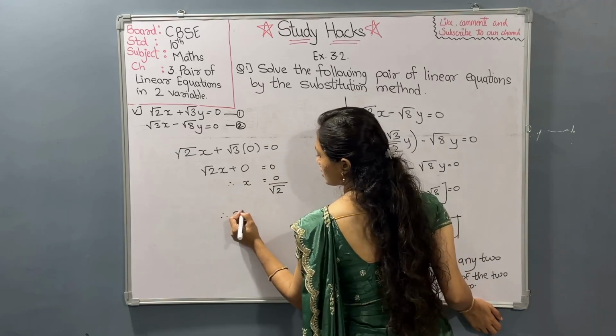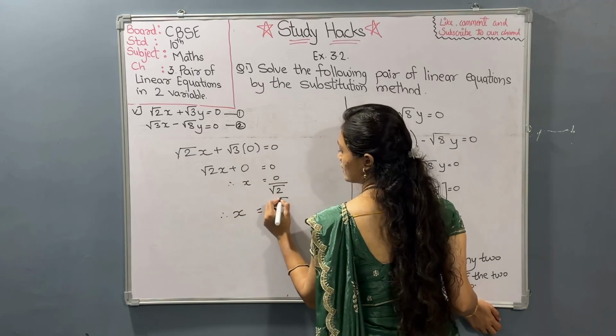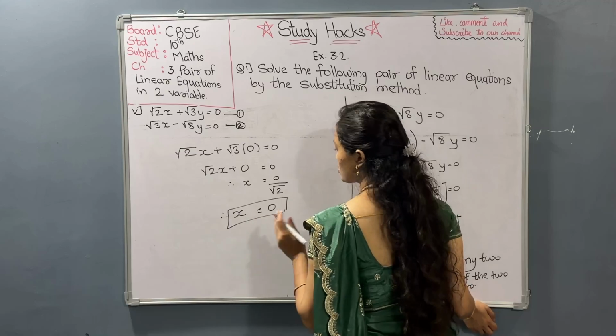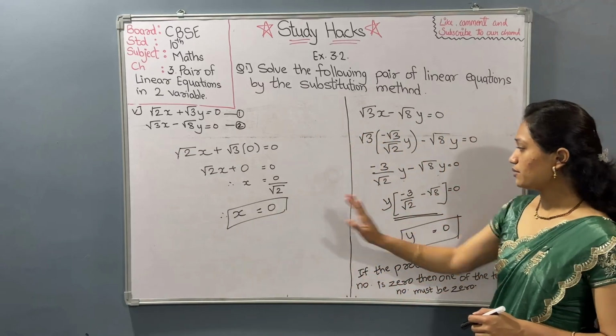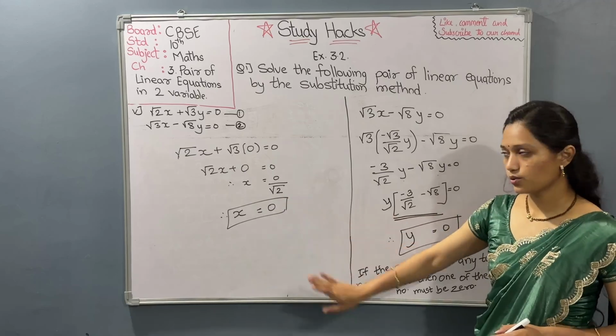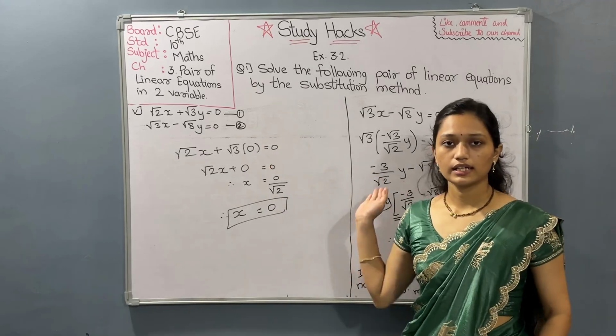Therefore, the value of x will be 0. So for this equation, the value of y is 0 and the value of x is also 0. You have to solve this question in this way.